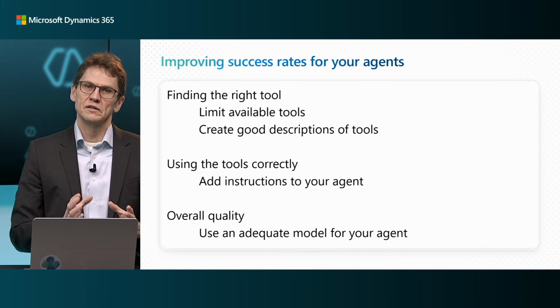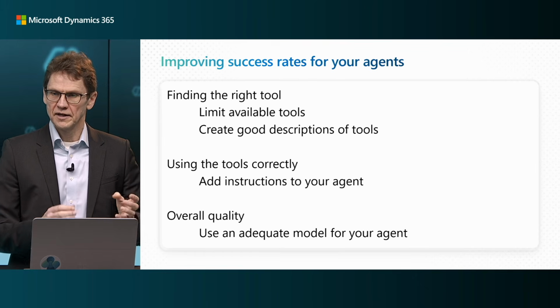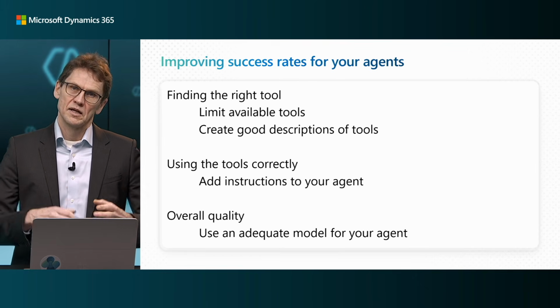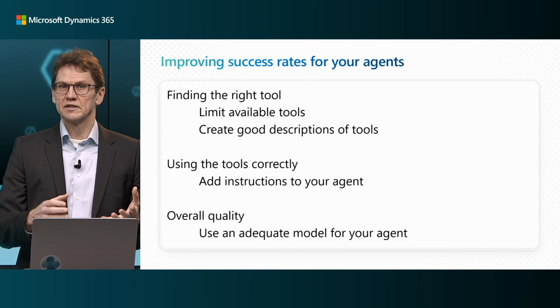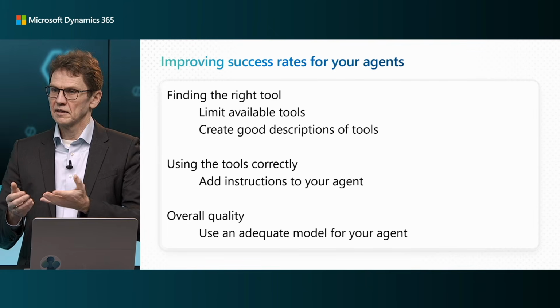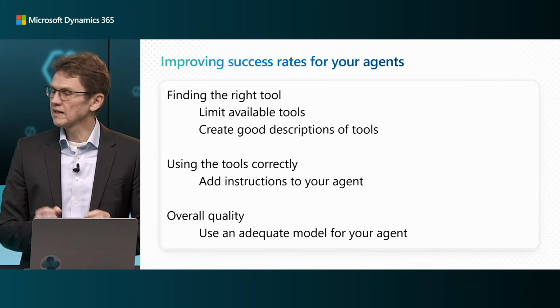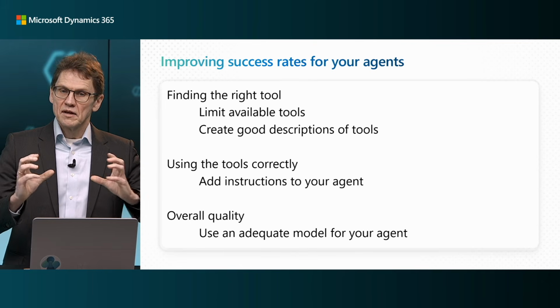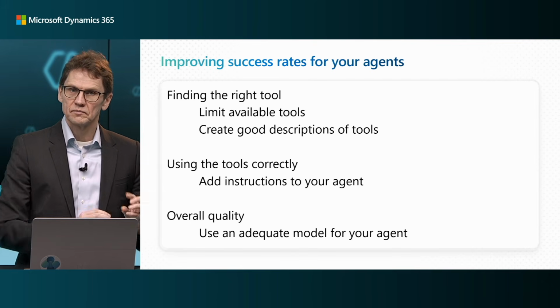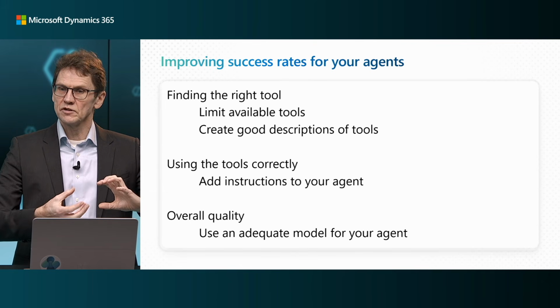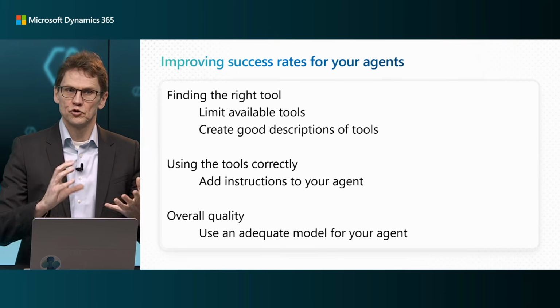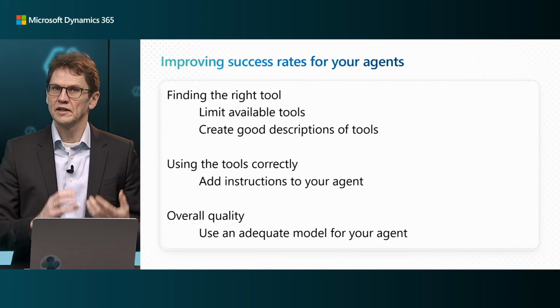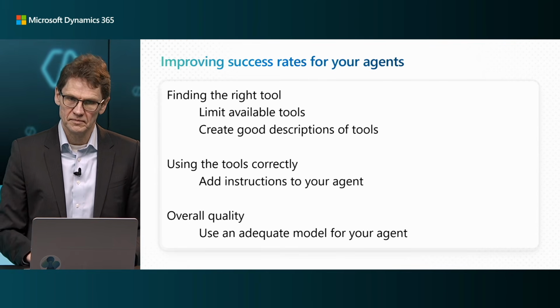This is particularly useful for the generic instructions. There are some clients that have a hard time remembering to pass back the forward link or the ETag when reading more data or when modifying data. So usually when things don't work, try tweaking the instructions. If that doesn't work, then maybe your tool descriptions aren't good enough and you want to update those.